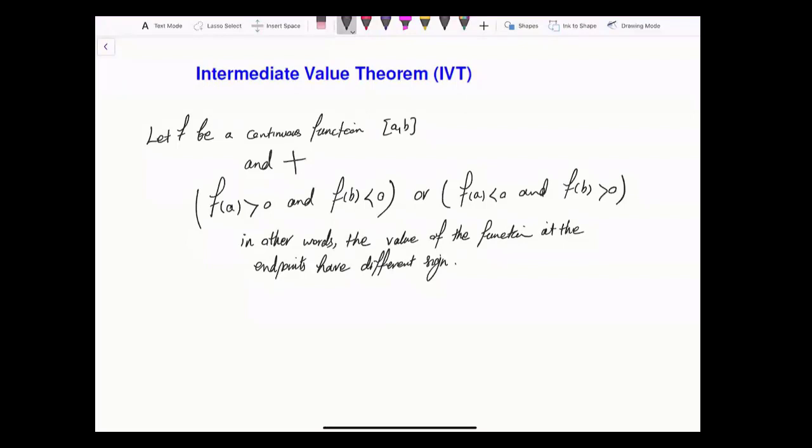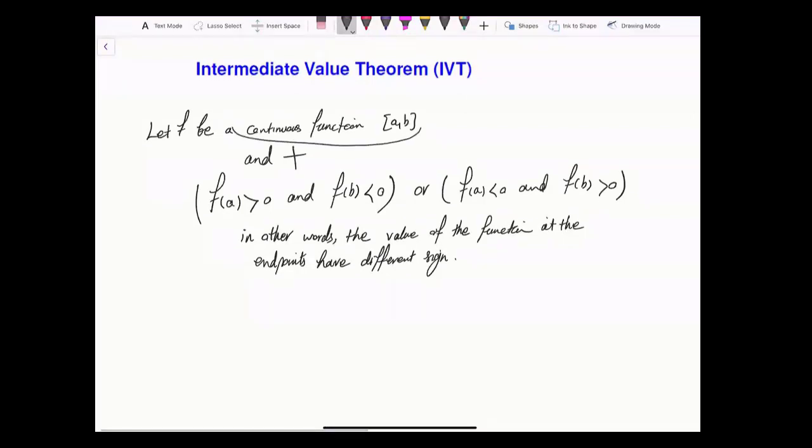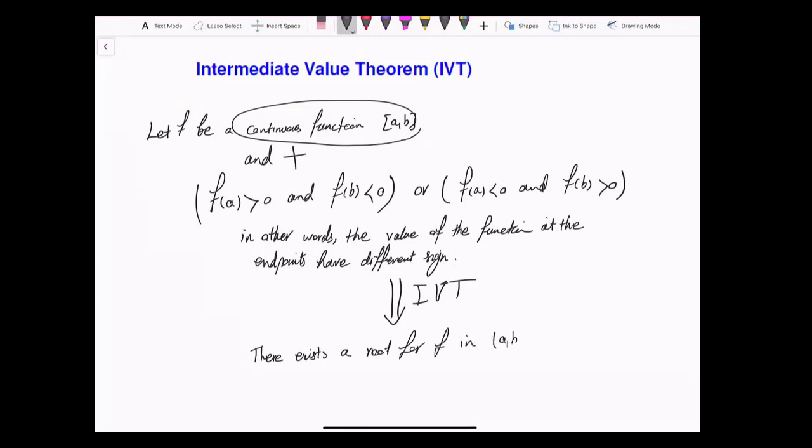So if you have these two conditions, continuous on the closed interval, and one is positive, the other one is negative, from there IVT, intermediate value theorem, will tell me that there exists a root for f in the interval a, b.